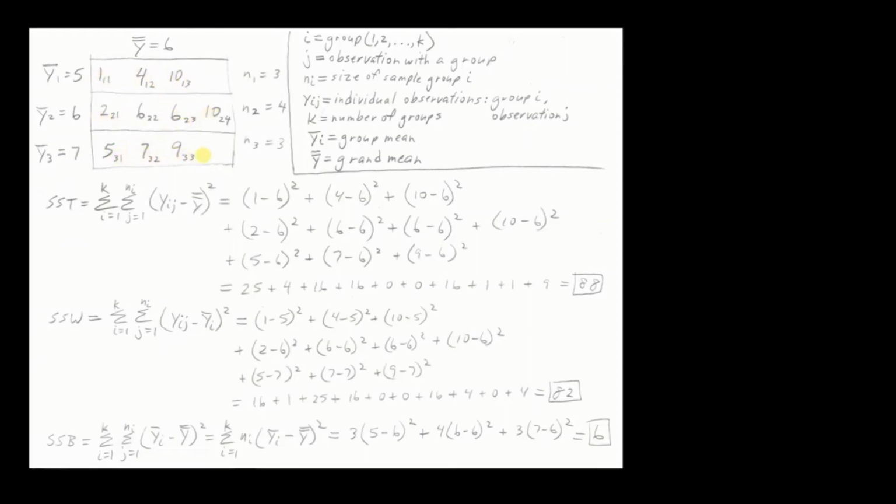They're horizontal. In some illustrations they're vertical, and that will change the notation because of the use of I and J. But since they're horizontal, I can use I to designate the groups.